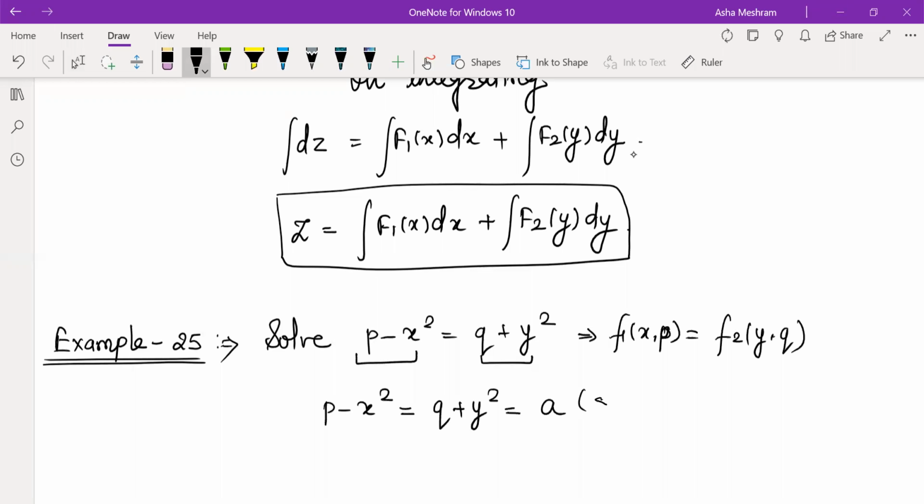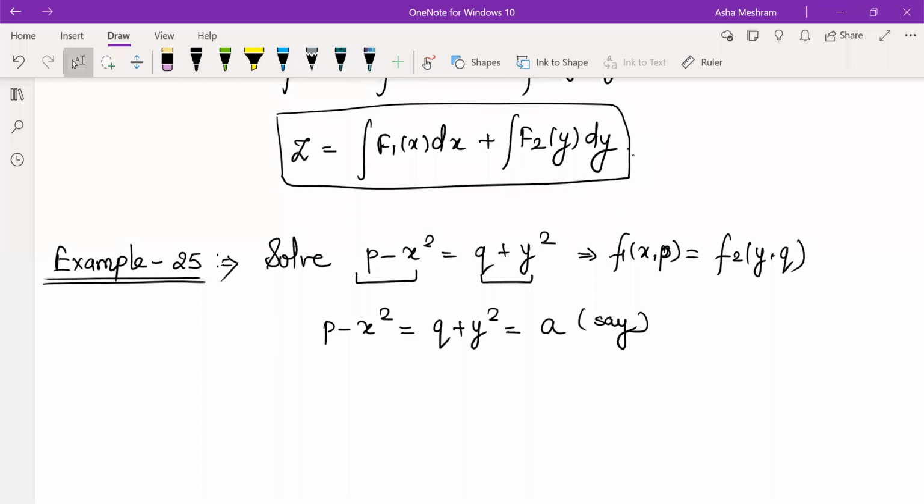Okay, just say we are considering this. So we can take p minus x square is equal to a. This implies that p is equal to a plus x square.